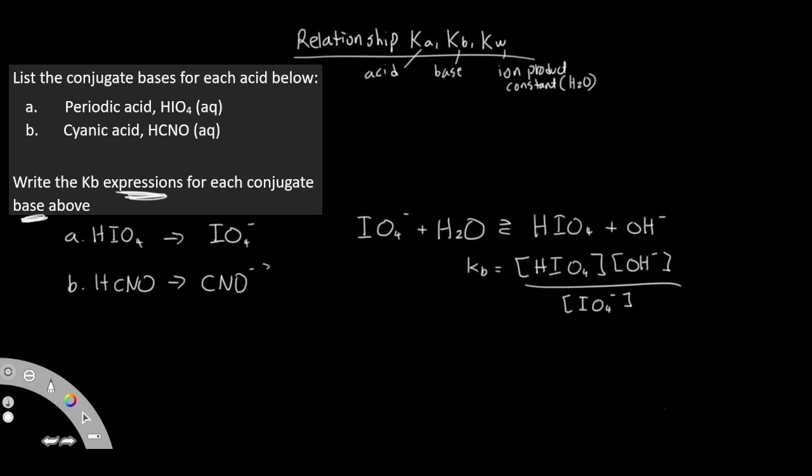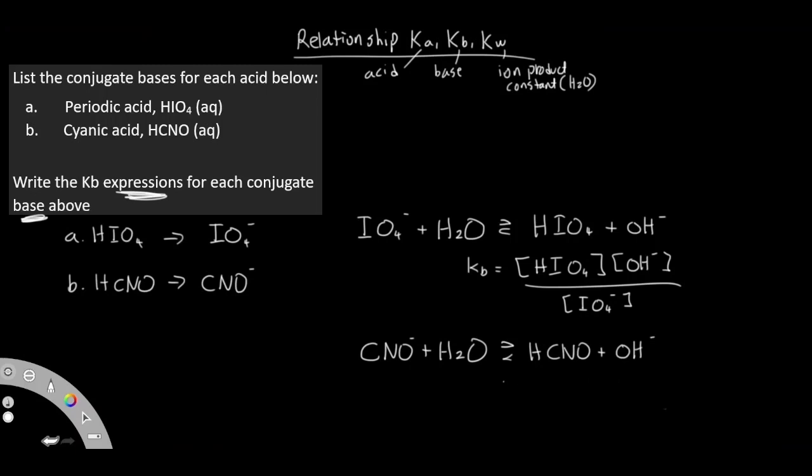We can do something similar for our B over here. Again, it's also going to be a Kb expression. We're just going to deal with our CNO minus over here. Going to add it with our H2O. What is it going to create? This is going to take that hydrogen from over here, so it's going to end up becoming HCNO, and then this is gone, so we just get a 1 H, so we just have a hydroxide.